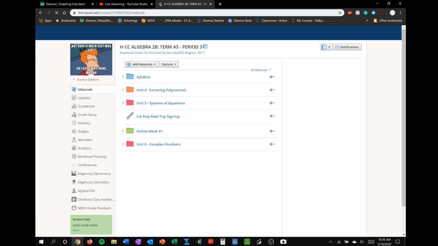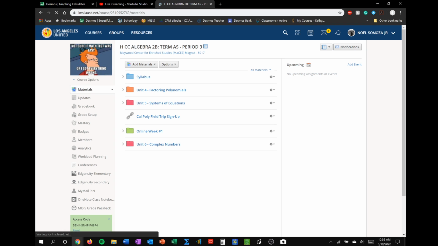Okay. So you see right here under Unit 6, I've split it up. I left online week number 1 separate. The only thing I put in there was the Toy Factory project tutorial. I think it's better to keep that separate, and then everything else will stay in Unit 6.